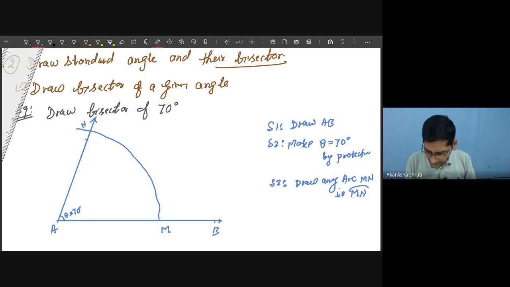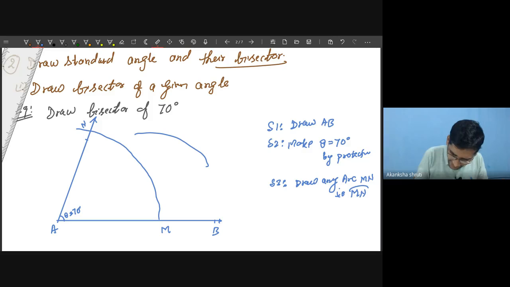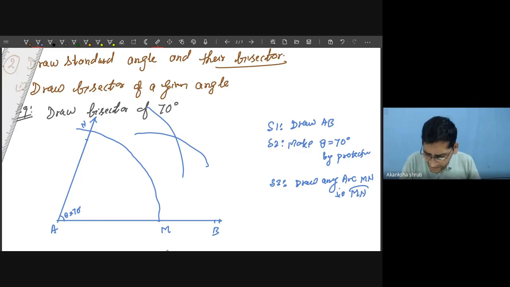Then you place one of the tips at M and make an arc, and without changing the radius, place the other tip at N and make another arc. So one arc is from center M, another arc with the center N. Now these two arcs are cutting at, say, point P.